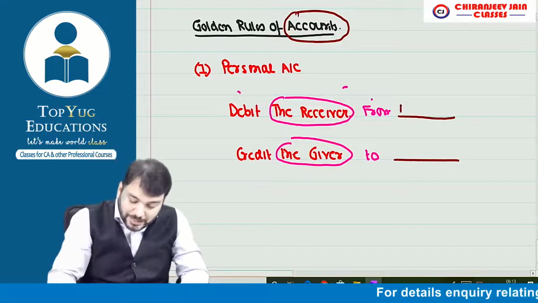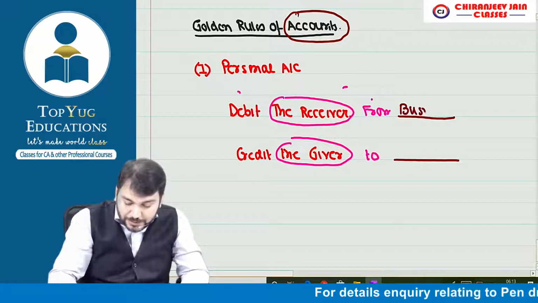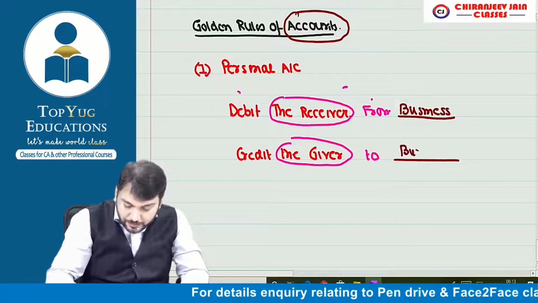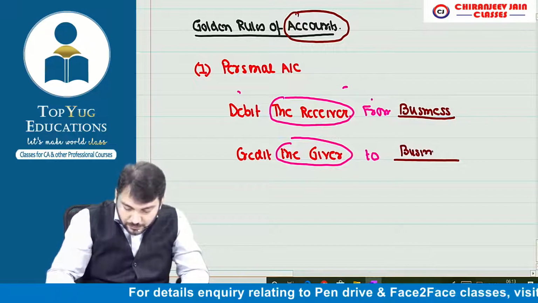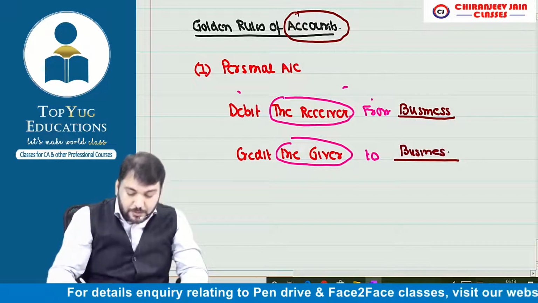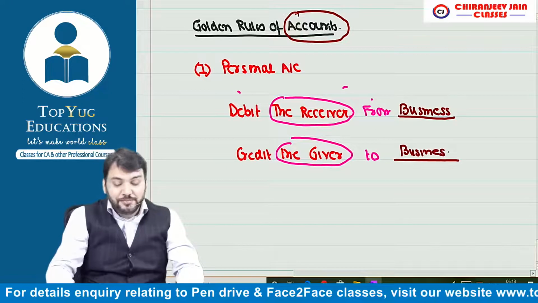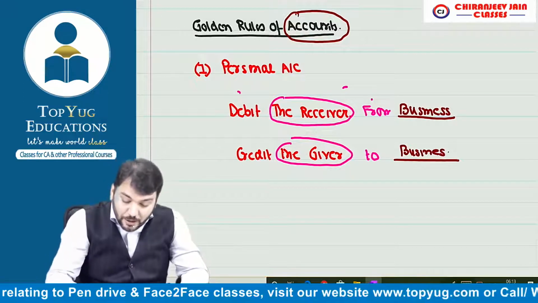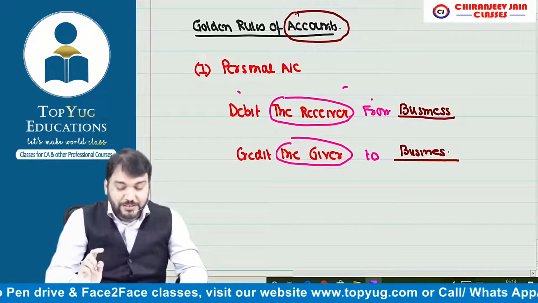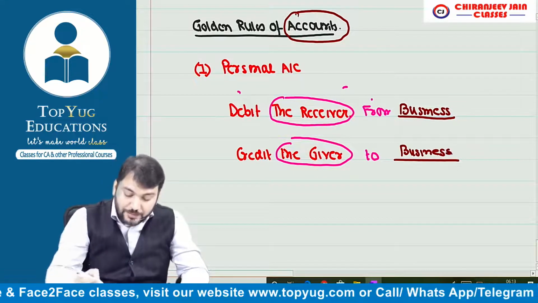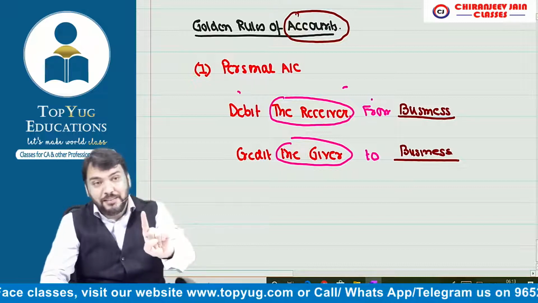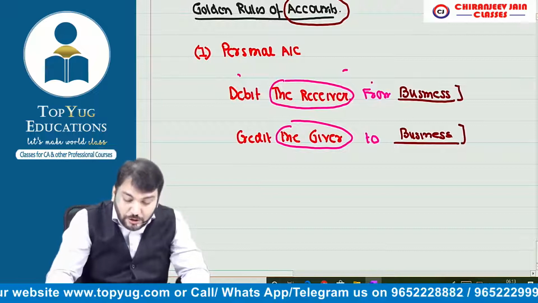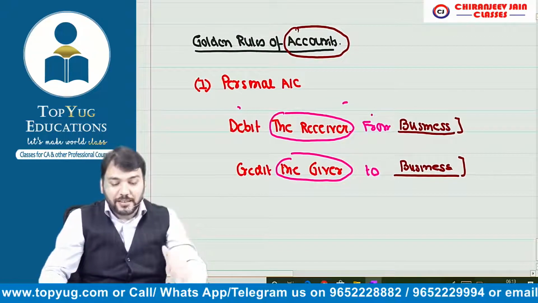Business. Now it is correct. Business. Debit the receiver and credit the giver. Correct. From business to business. Understand this. Means not Ram, Ram and company. Without this you did not know how you have done the journal entries.